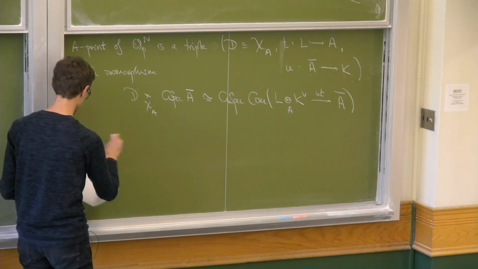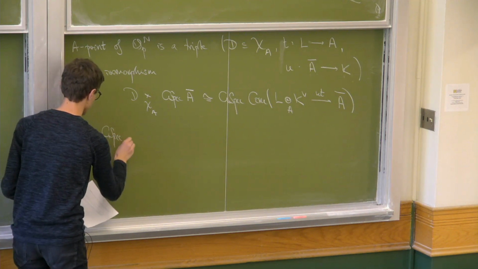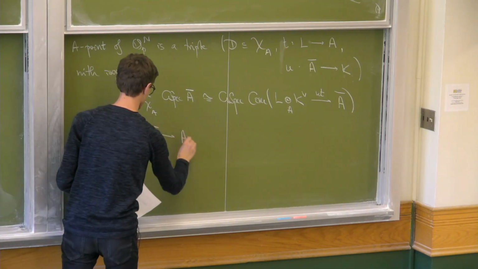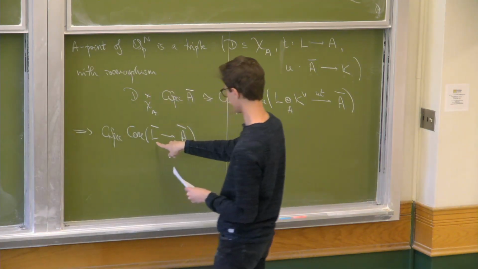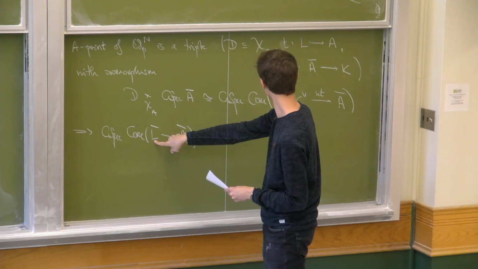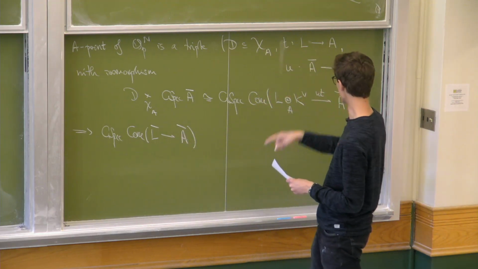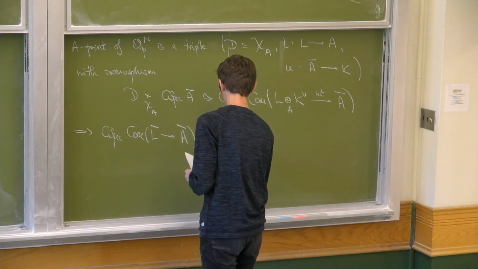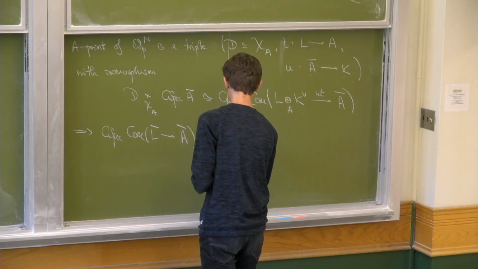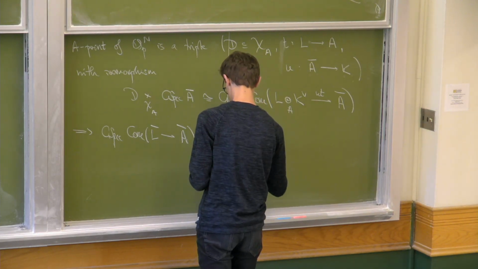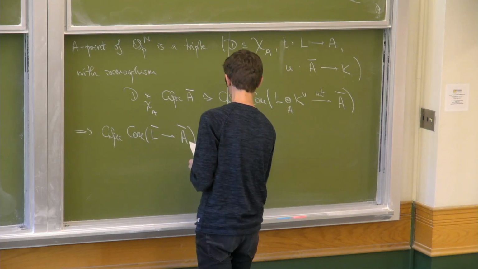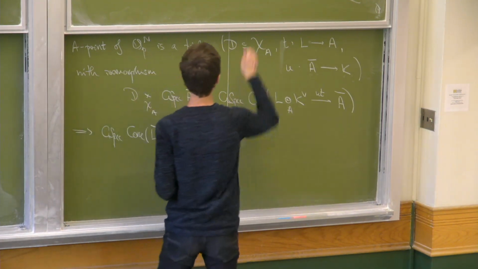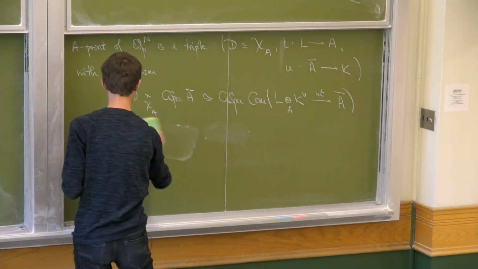I get the following map. So I start from G spec of the cone of L bar to A bar, where L bar is just supposed to be the base change of L to A bar. And now, using U, I get a map to, maybe I can just do it like this.